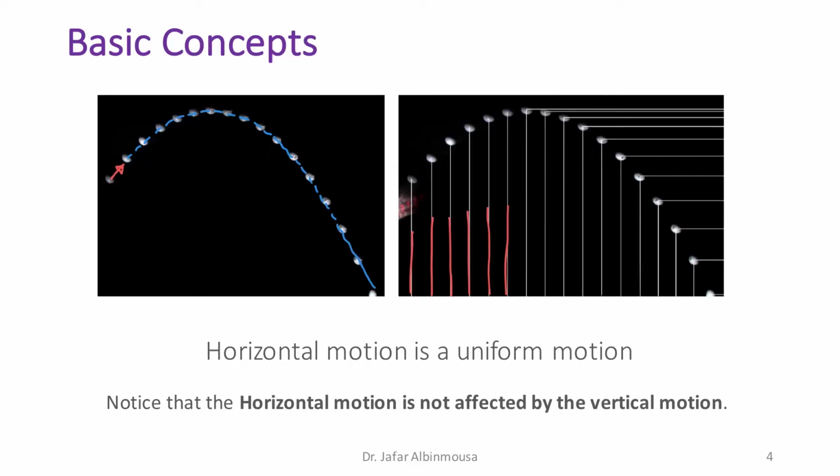The distances between the horizontal lines are identical, while the distances between the vertical lines are not the same. They are actually getting bigger, which means that the motion in the horizontal direction is uniform. It always has the same magnitude, and the motion in the horizontal direction is not affected by the vertical direction.